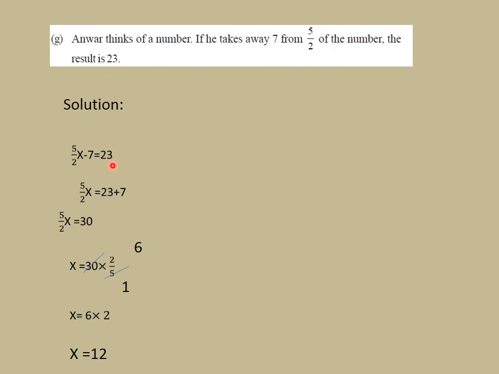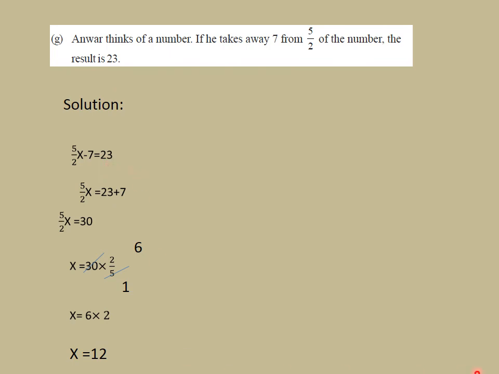Let me repeat. So the number is x. 5 by 2 x minus 7, the result is 23, is equal to 23.